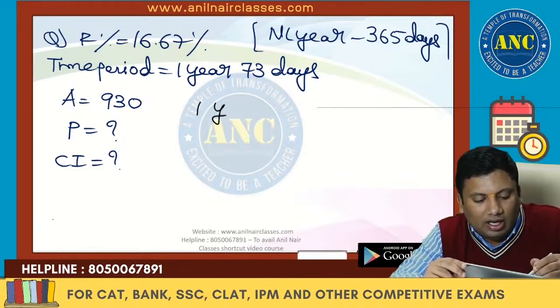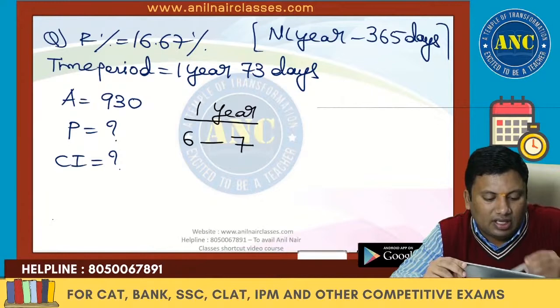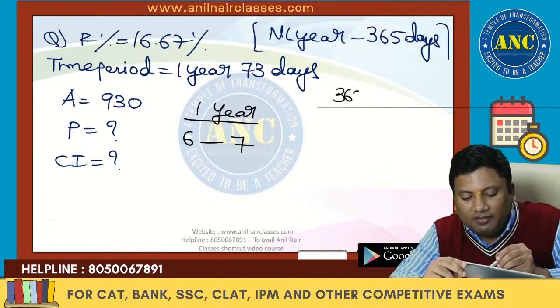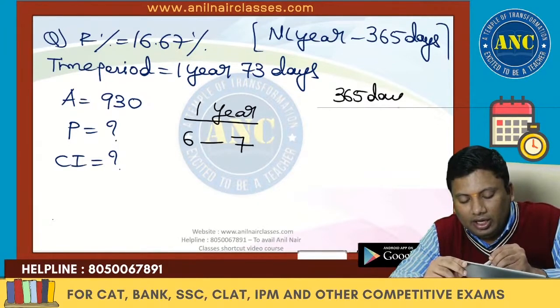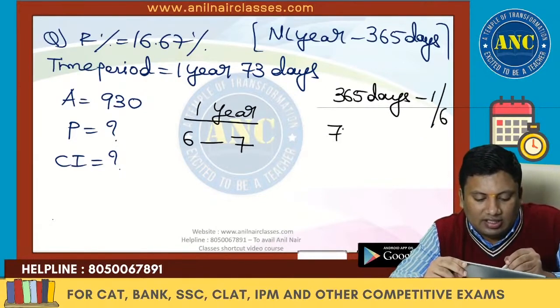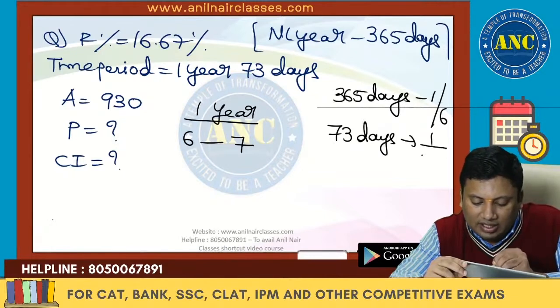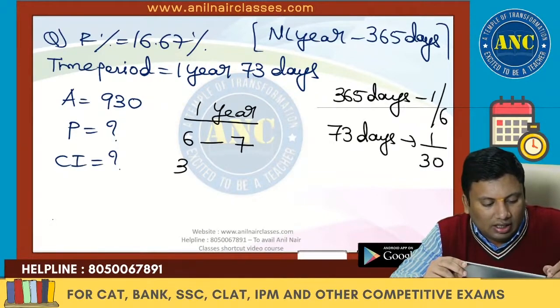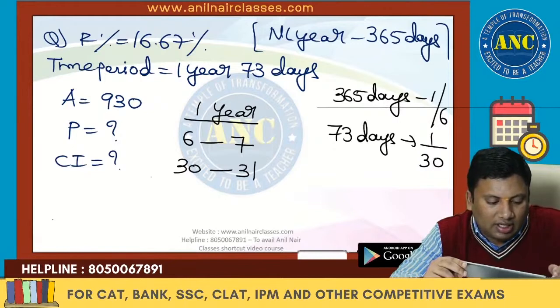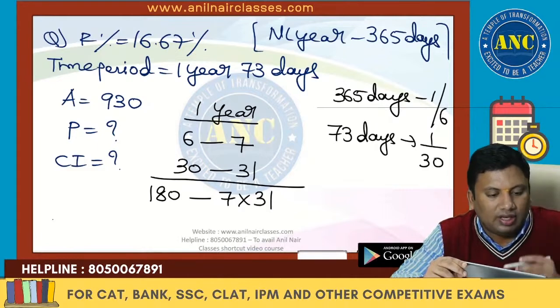Again, 1 year: 6 increases by 1, which is 7. For 365 days the interest is 1 by 6. 73 days is 1/5 of 1 by 6, which is 1 by 30. 30 increases by 1 to 31. So this is 180, and this is 7 into 31, which is 217.